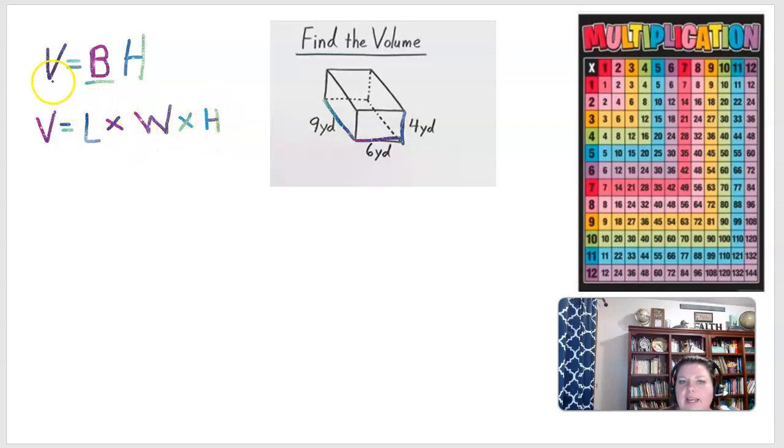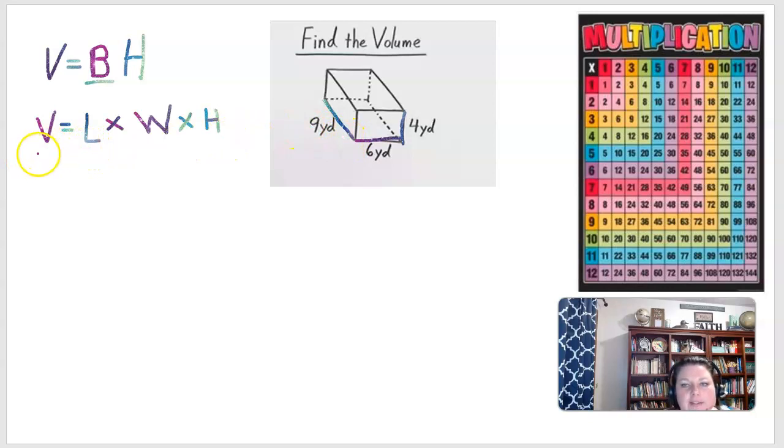So some may say that the volume is equal to base times height. Well, the base, remember, is just the area of the rectangle. That is where the rectangular prism is kind of like flat on the surface.